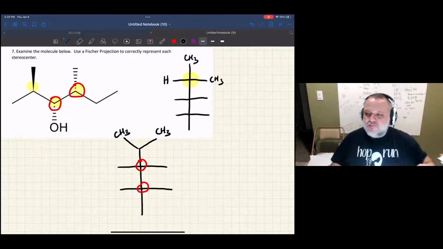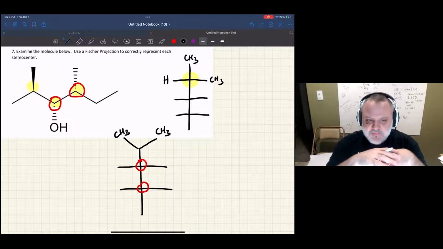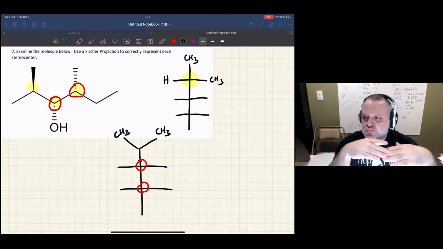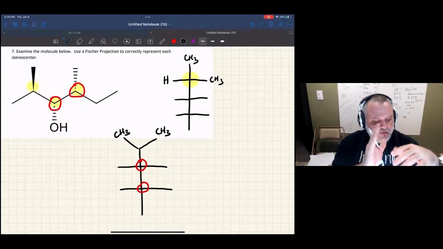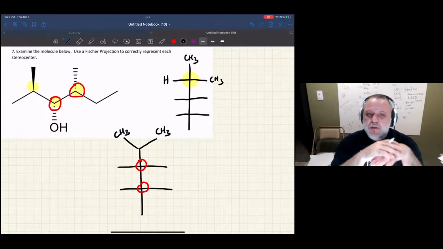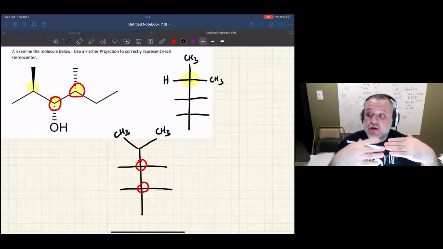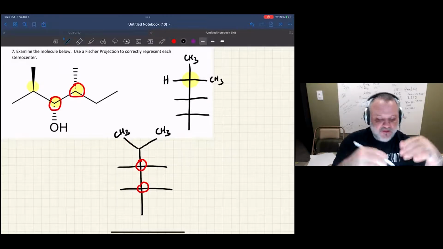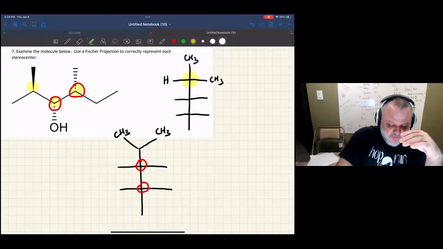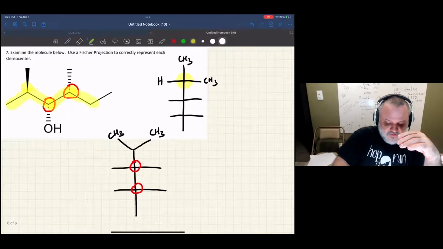And so now here comes the big deal about Fisher projections. A Fisher projection means that horizontal bonds come towards you and vertical bonds move away from you. What that means is that it's actually an artificial projection, because typically the lowest energy conformation would be where the structure zigzags.